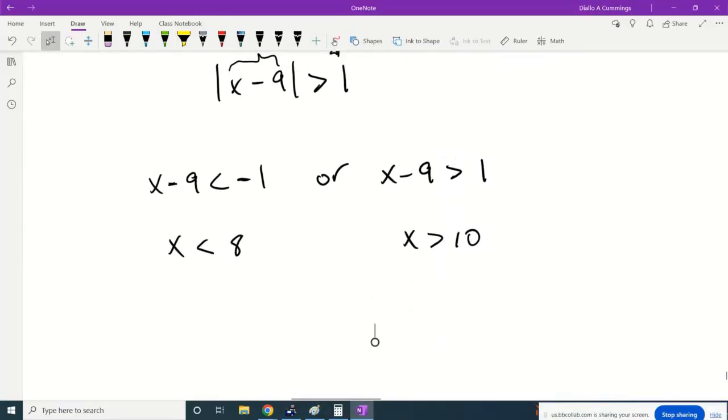So we want to write this in interval notation. So we're going to make a rough sketch of a graph. We're going to center it at 8 and 10.